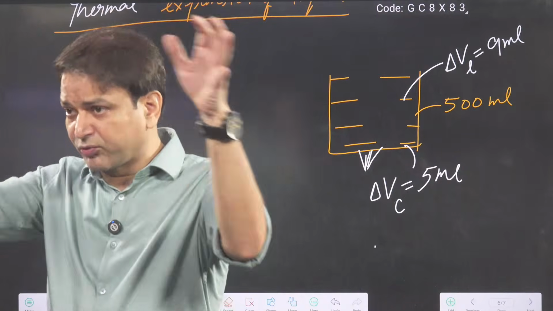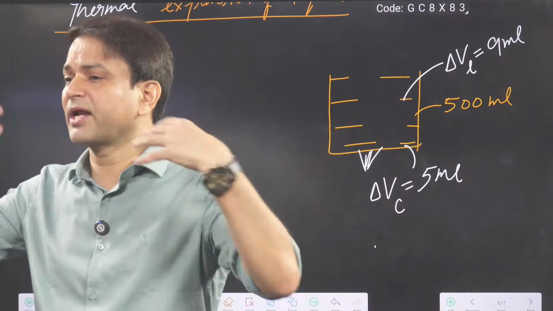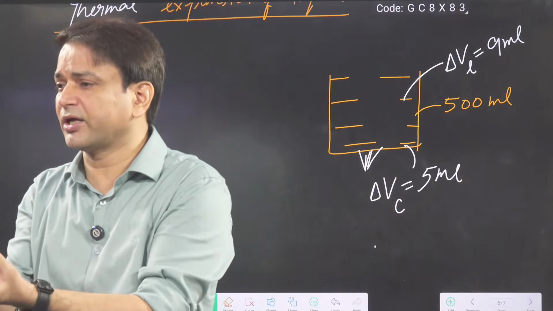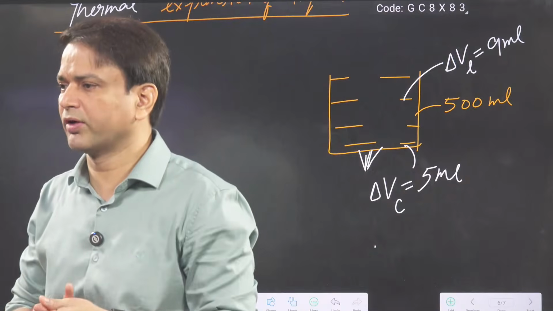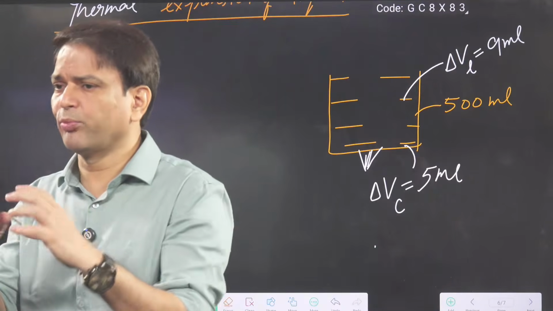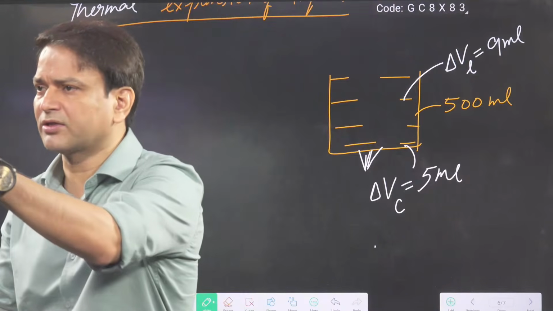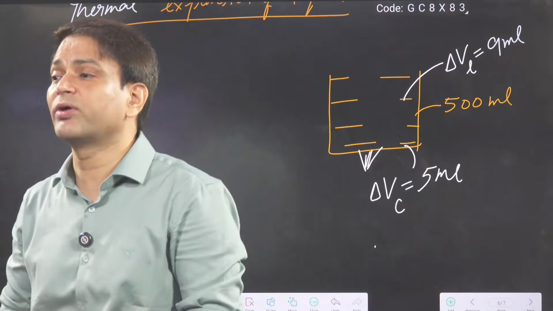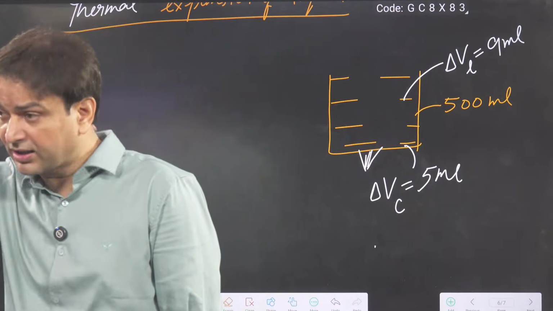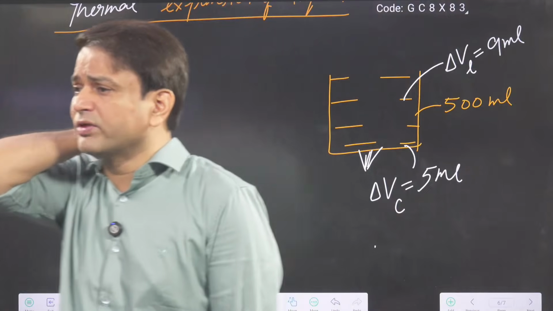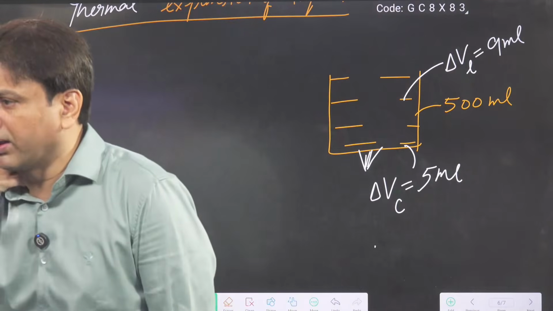We will see that some liquid came out, so that is the explanation we will give. Whatever came out, if you measure the volume in a measuring flask, you will get 4 ml. So you will say the liquid expanded by 4 ml.